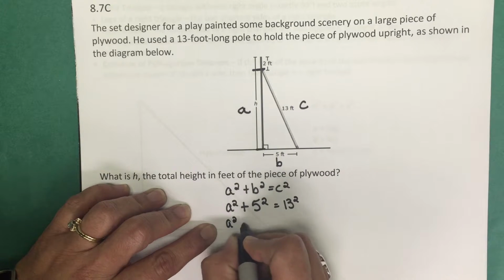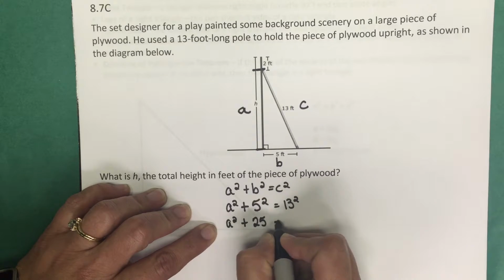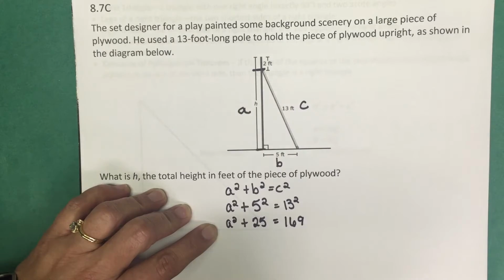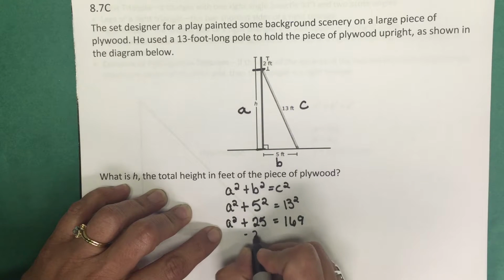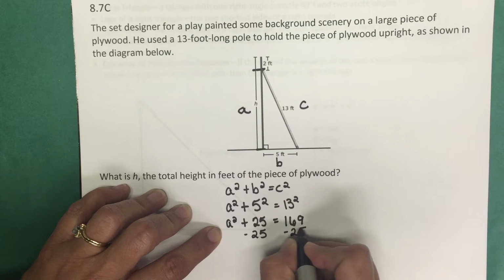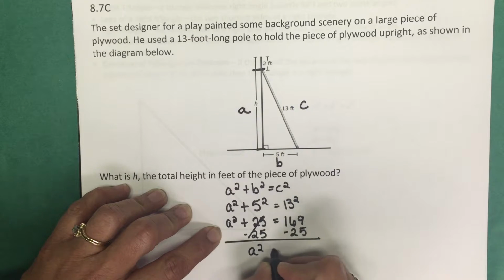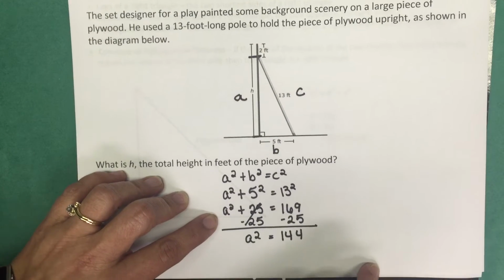So a squared plus, I'm going to go ahead and square 5. 5 squared is 25, equals 13 squared, which is 169. We need to isolate the variable, so I'm going to subtract 25 from both sides of the equation. And that's going to leave us with a squared equals 144.